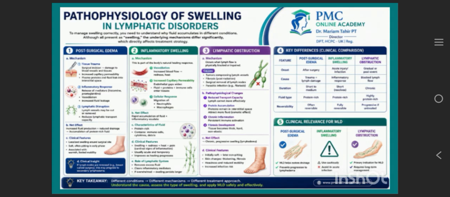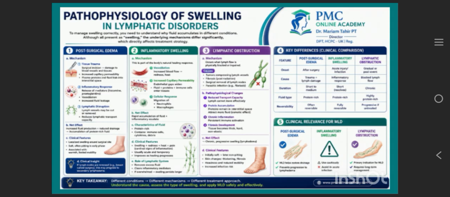Now we will look at inflammatory swelling. The mechanism is that this is part of the body's natural healing response. The key processes are, first, vasodilation: increased blood flow causes redness and heat.